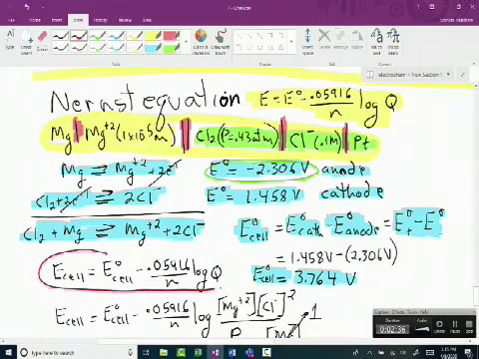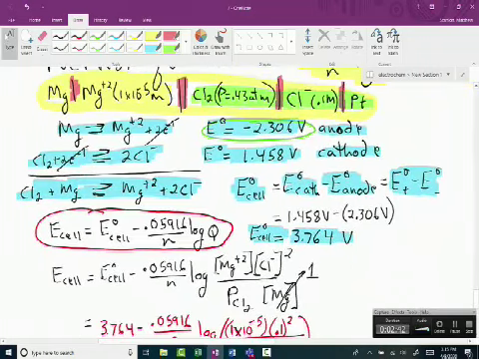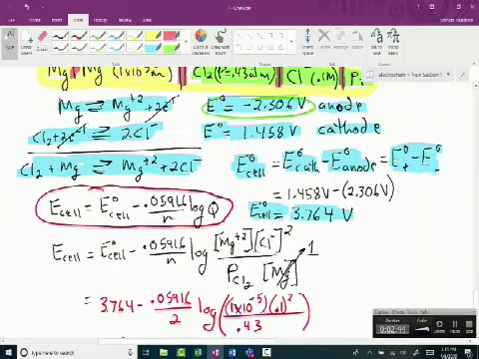E of the cell equals E naught of the cell minus 0.05916 log of Q. Here's our equation for Q. E of the cell equals E naught of the cell down here minus 0.05916 over n log of the magnesium plus 2 times the chloride concentration squared, because there's a 2 in our balanced reaction up here in the chloride, divided by the pressure of chlorine times the magnesium activity, which is 1 because it's a pure solid.